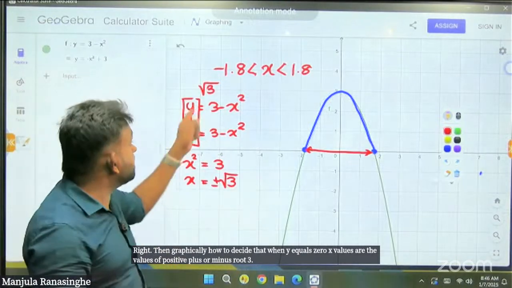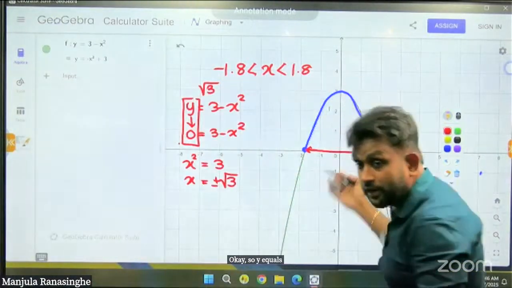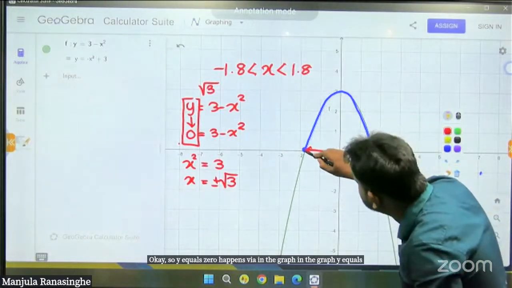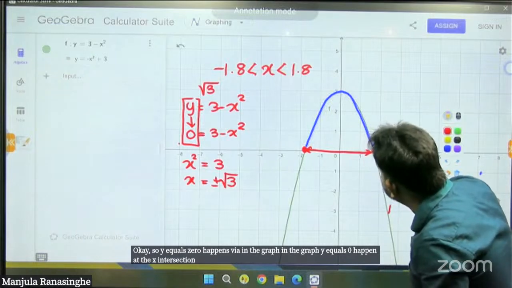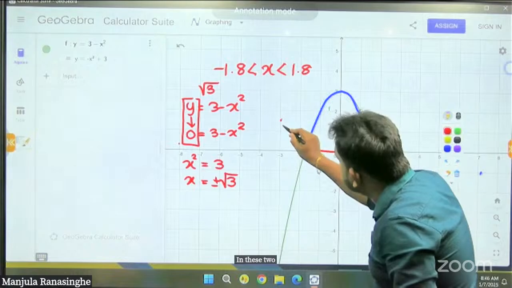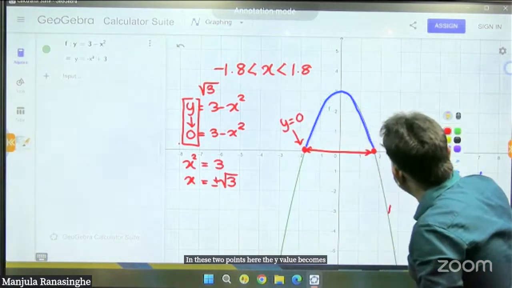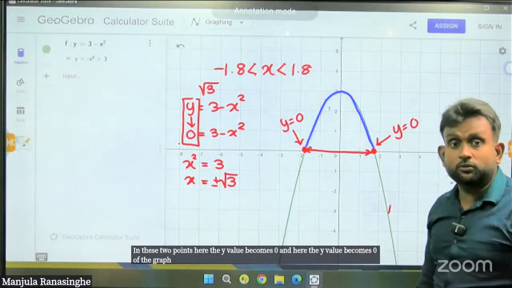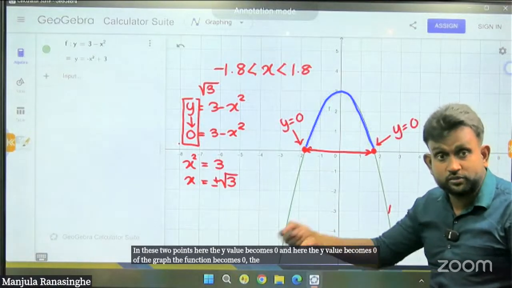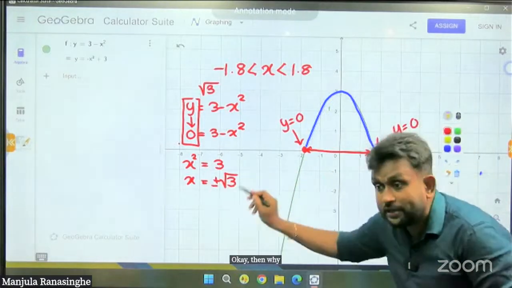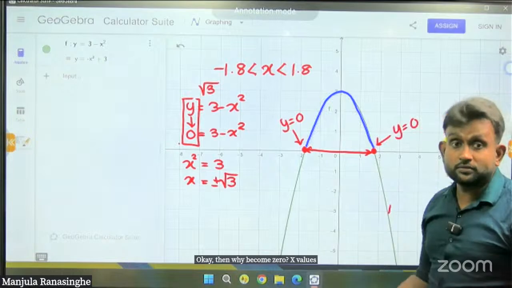Okay. So y equals 0 happens where in the graph? In the graph, y equals 0 happens at the x intersections. So at these two points, the y value becomes 0 and the function becomes 0. Then when y becomes 0, the x values are the root 3 answers.